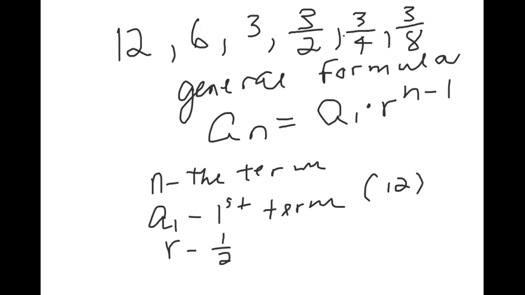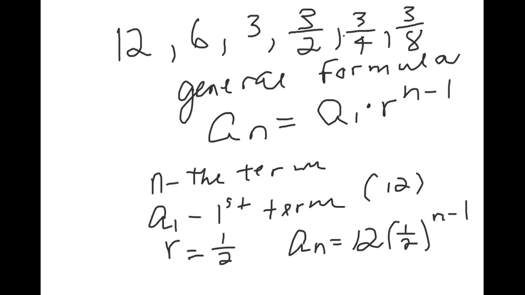So since you have your A_1, you have your R, you don't have the N, you go ahead into the formula and you plug in the values that you do have. So the general formula would be A_N is equal to 12 times, okay, we're going to put the R in parentheses, 1/2 raised to the N minus 1 power. And that's the formula, that's it.